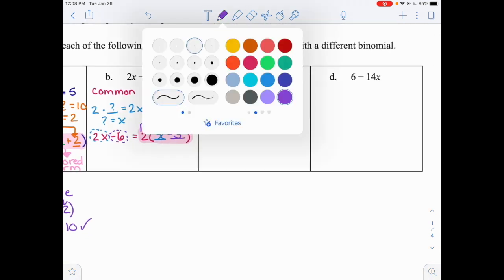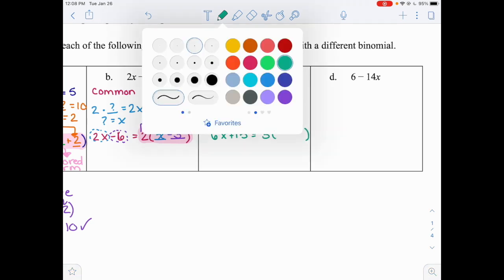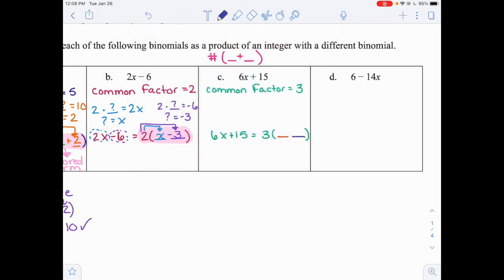C, the common factor here is 3. That is the largest number that 6 and 15 divide by evenly, so no fractions or decimals. So 6x plus 15 is going to turn into 3 times some binomial. And again, we need to figure out what the blanks of that binomial are going to be. So we do the common factor times something is going to get me 6x, right? 3 times whatever here should equal the first term.